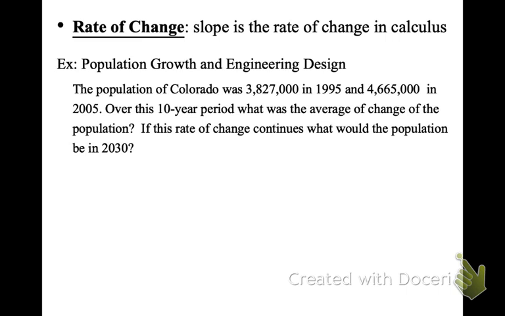The population of Colorado was 3,827,000 in 1995. It was 4,665,000 in 2005. I wouldn't be writing the whole problem down, guys. Over this 10-year period, what is the average change of the population?